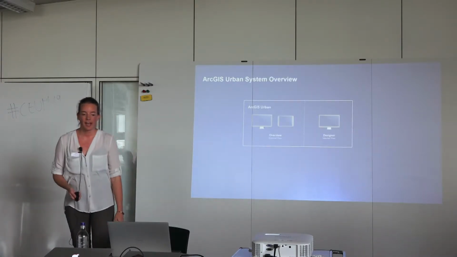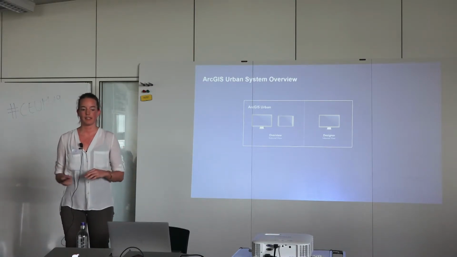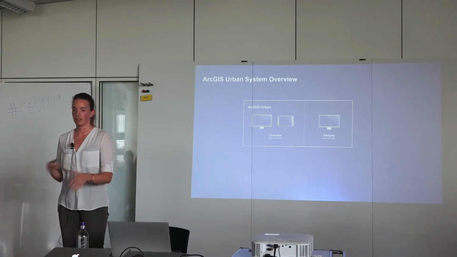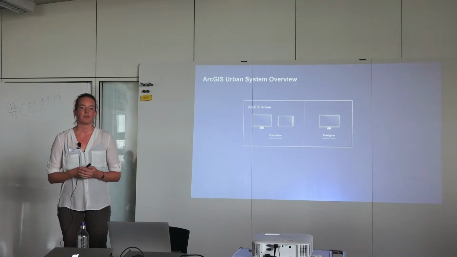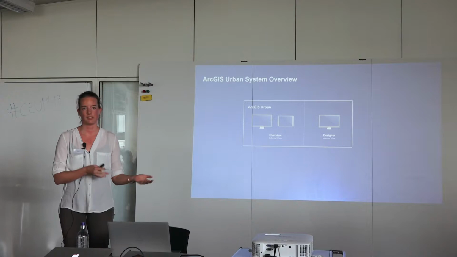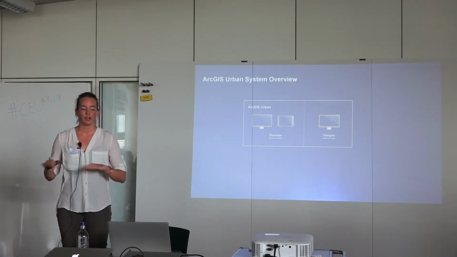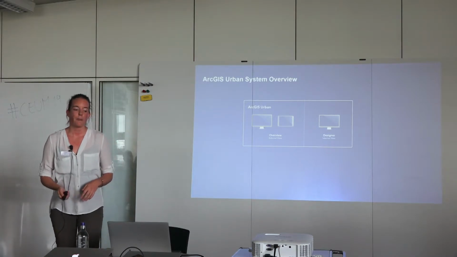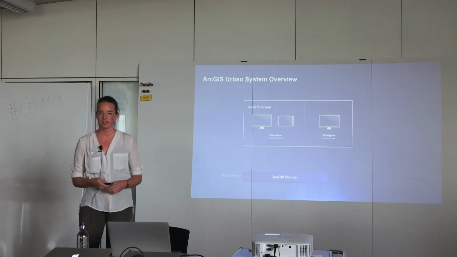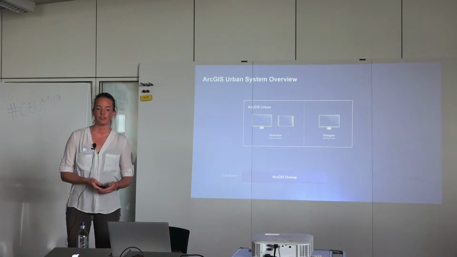Just quickly, what is behind? We have two different versions of ArcGIS Urban from the client side. There's an internal one where you really make your designs, internally in your urban planning team. And then there's an external one where you can share with citizens, with all the stakeholders, what you're ready to share. So those are two different data sets. Where we host the data at the moment, if you're familiar with the Esri platform, is on ArcGIS Online, so it's really feature services.